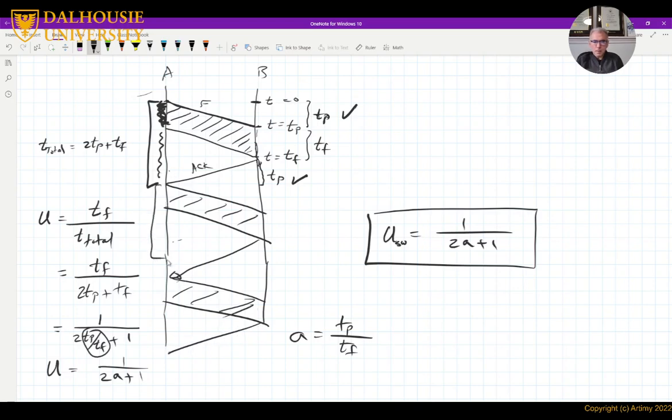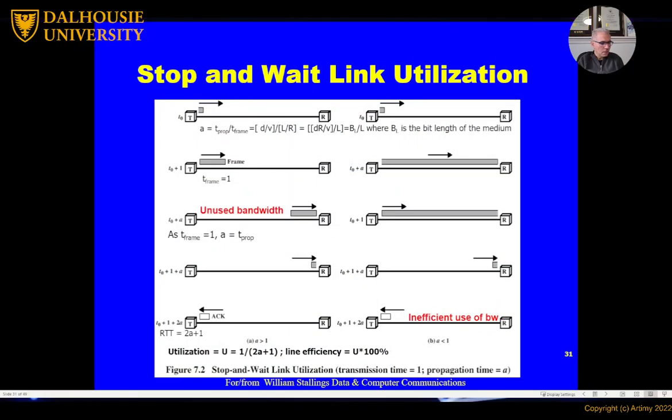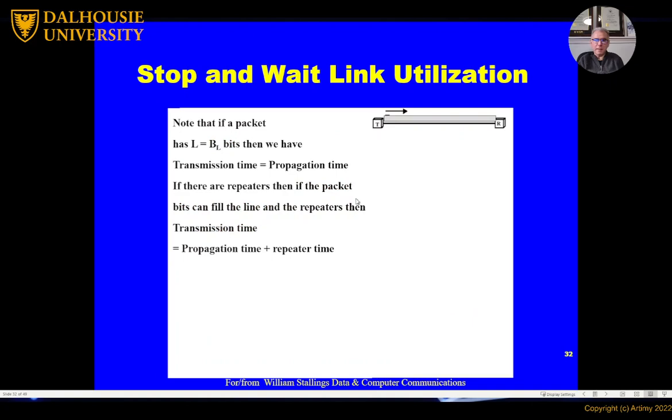So this repeats. It's the same situation, so I'm just taking one part here. So the utilization overall is 1 over 2a plus 1, and you can see that from the slide. And sometimes when we look at the line efficiency, we just multiply this by 100 so we get a percentage instead of a fraction. Okay?